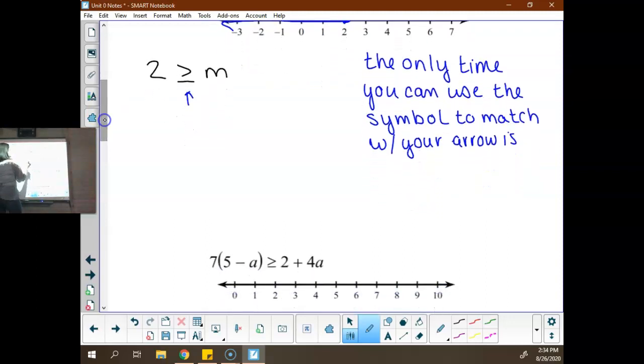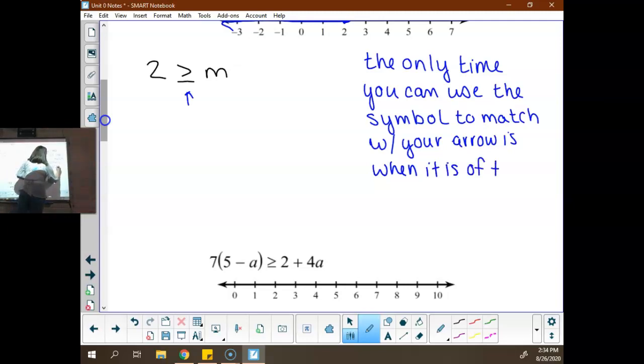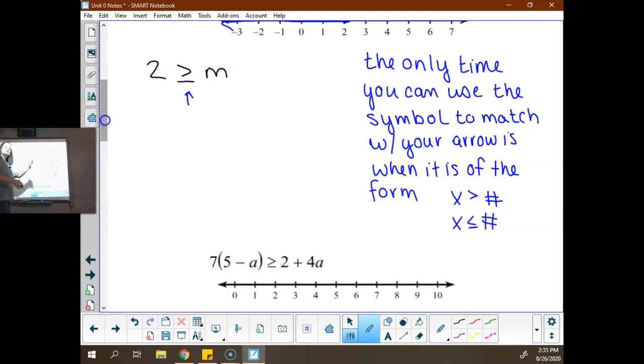Running out of room, hang on. So when it's of the form x is greater than a number or x is less than or equal to a number, the symbol really doesn't matter. X has to come first, your number has to come second.